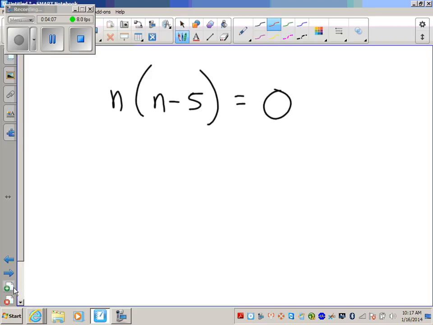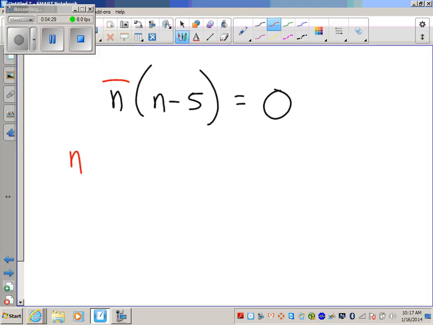I've got two different scenarios here. In multiplication, either this n could equal 0, and I can multiply it by whatever this is and I'll still get 0, or what's on the inside has to equal 0. So I'm going to solve for both.